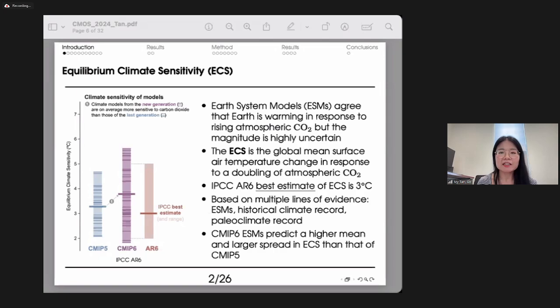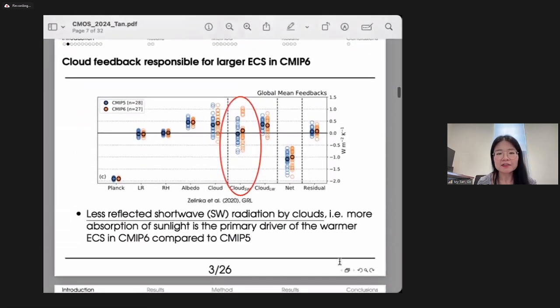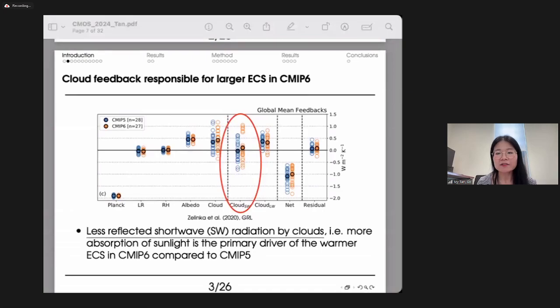This obviously begs the question of what causes that larger mean and spread in the ECS values in CMIP6. It turns out that clouds are responsible for the warmer ECS values in CMIP6 Earth system models compared to CMIP5. In particular, a study showed that clouds exacerbate global warming because they reflect less sunlight back out to space.